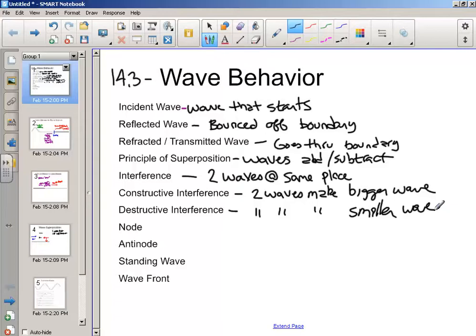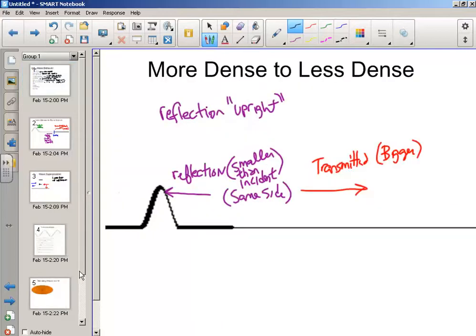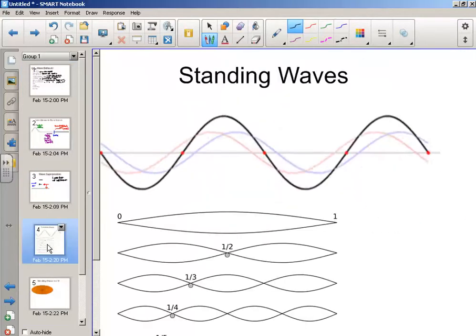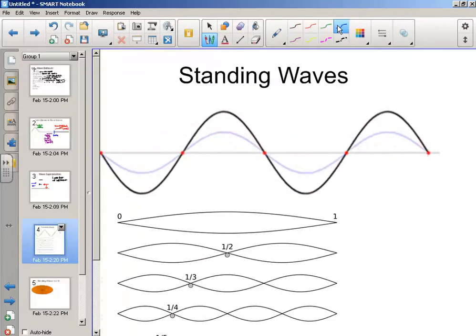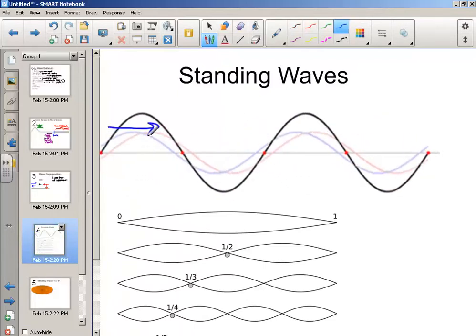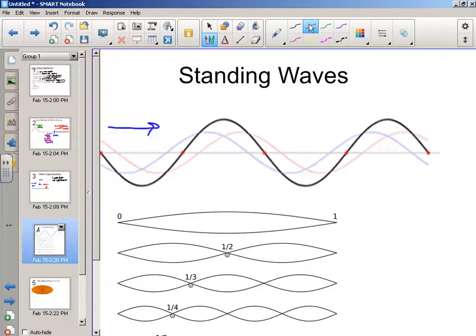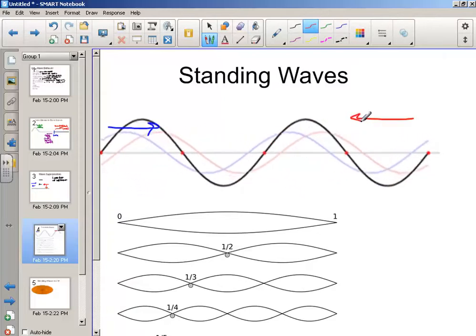Now, we can have two waves coming at each other that are very special. If you look in this picture right here, there's a blue wave that's traveling to the right. And you'll see a red wave that's traveling to the left.